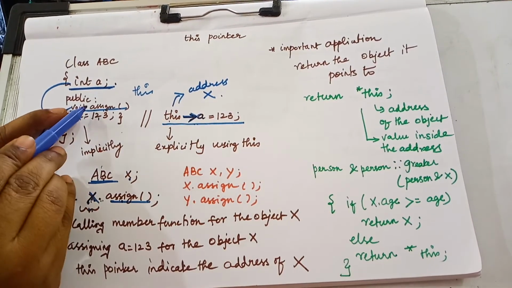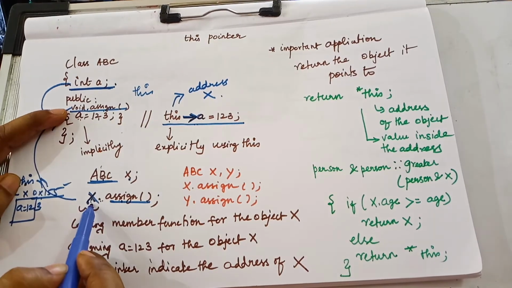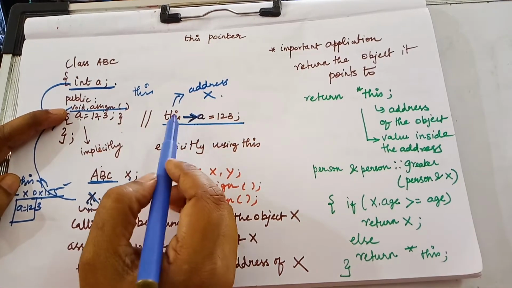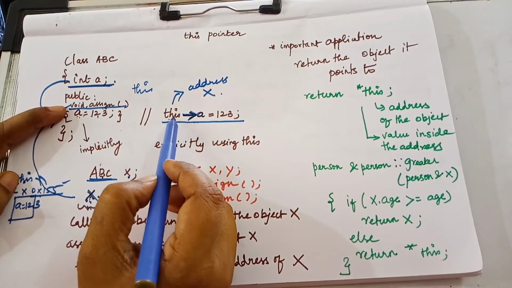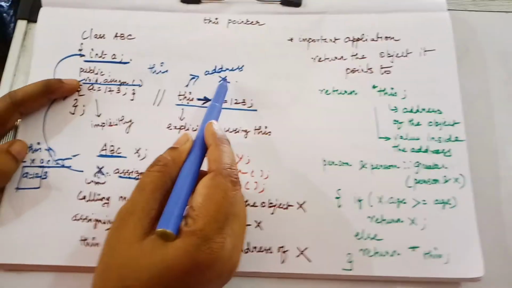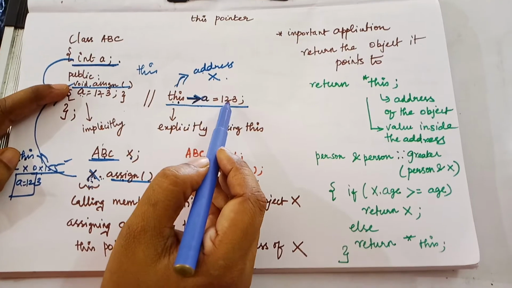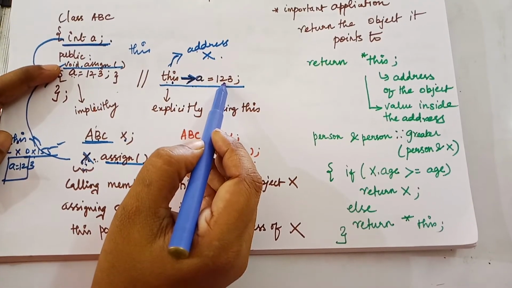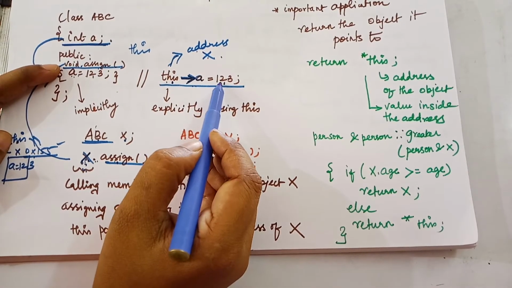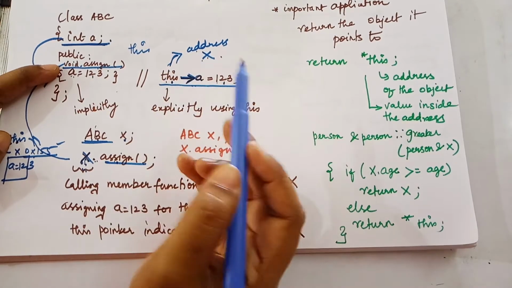So the this pointer consists of the address of the object x, and a is equal to 123 is allotted for the object x.